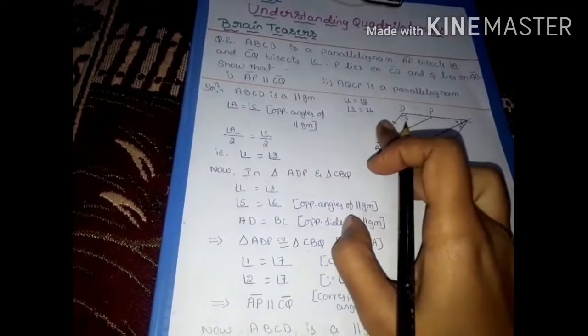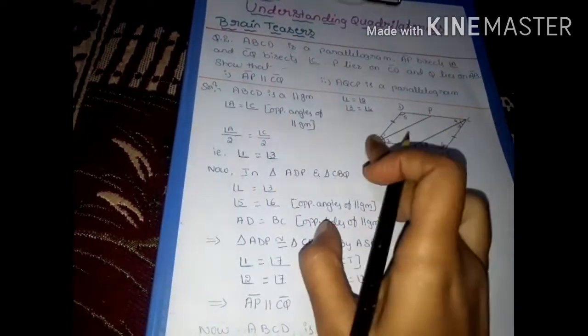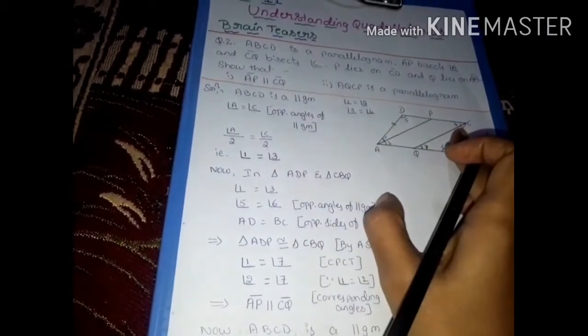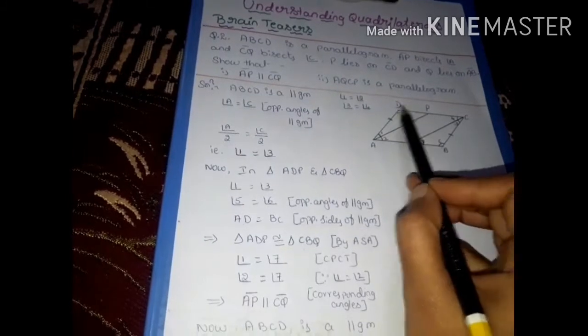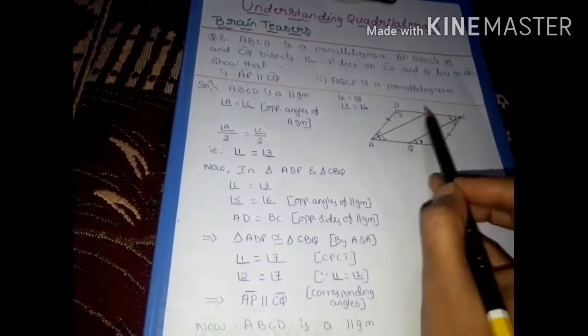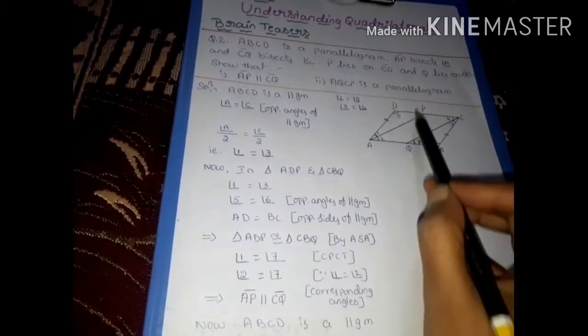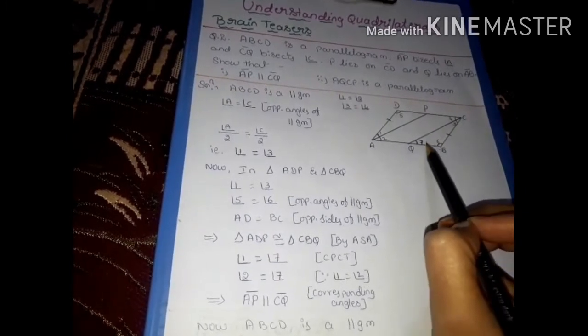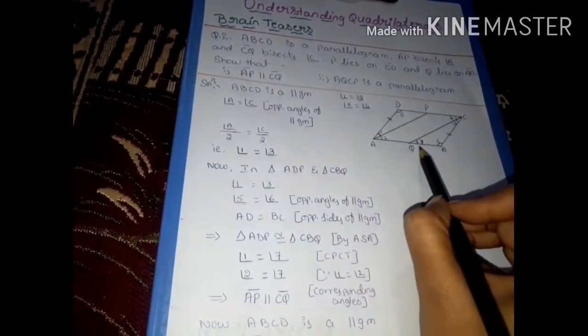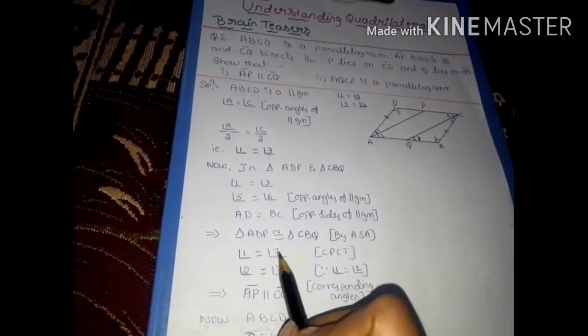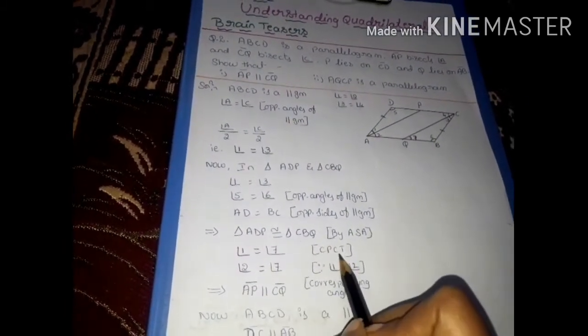BC and AD are equal because these two are opposite sides of a parallelogram, and AB and DC are equal. From this we can say that DP is the part of DC, then DP is equal to BQ. These two are equal. By CPCT rule we can say that angle 1 equal to angle 7. So write down angle 1 equal to angle 7 by CPCT, corresponding parts of congruent triangles.